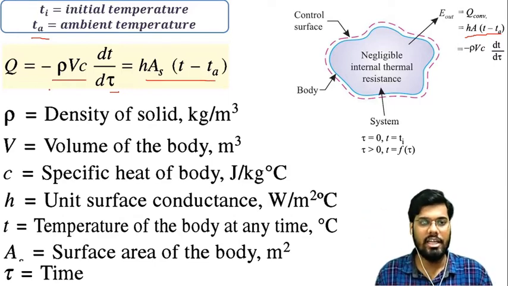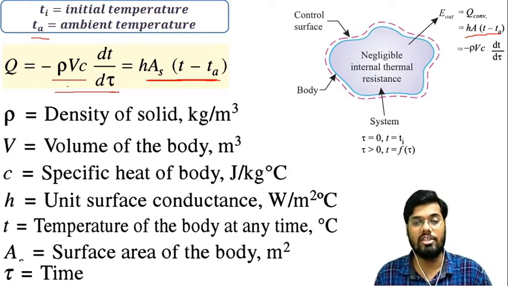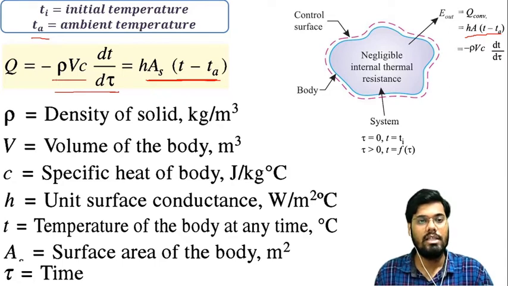Whatever heat transfer takes place between system and surrounding is by convection mode, which is hAs delta T. This is equal to mCp dT by d tau because we consider it with respect to time.